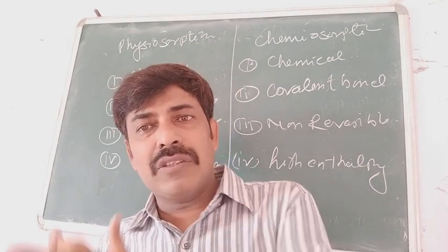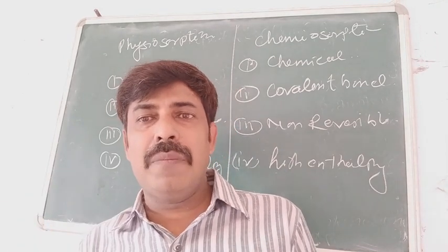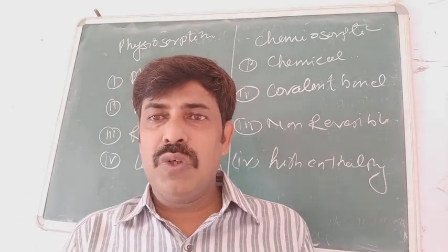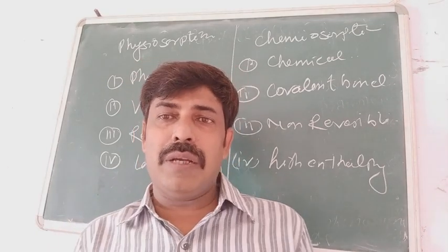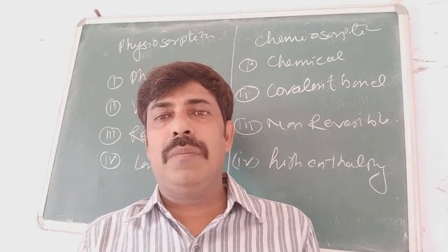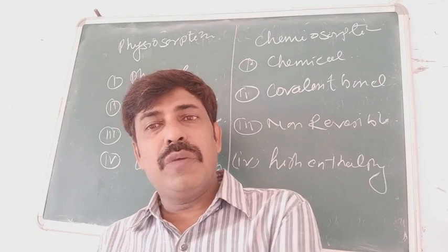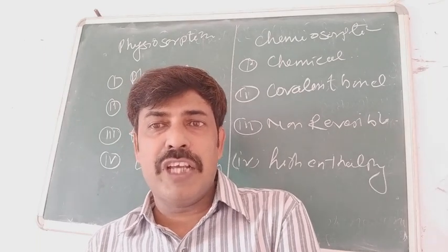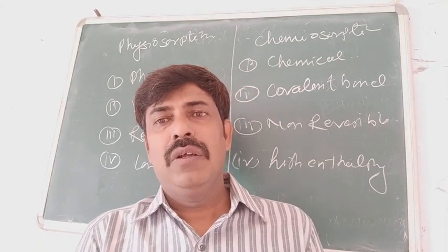But if we take the same color for the same cloth and for the same time and we boil the material, what happens? Because of the higher temperature, because of the higher energy provided to the system, chemisorption takes place, and as a result reversibility doesn't take place. That means almost all the ink remains on the surface of the cloth.